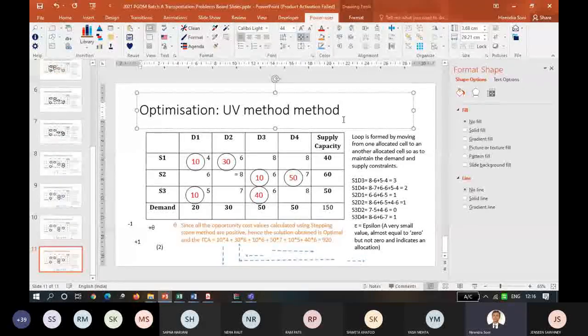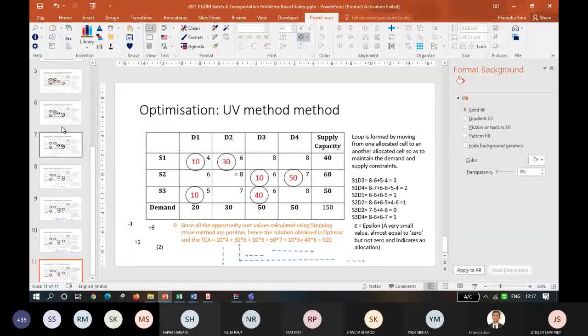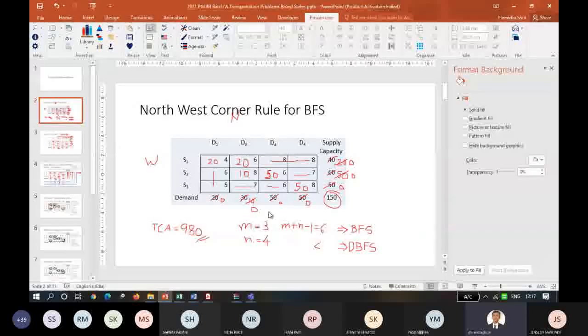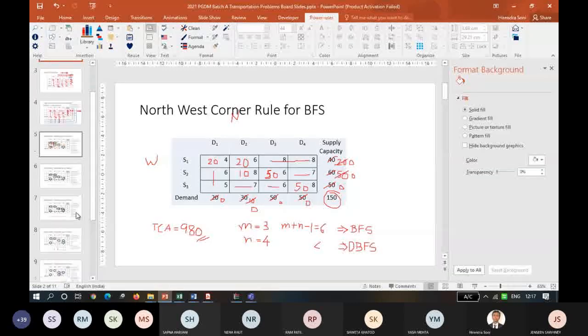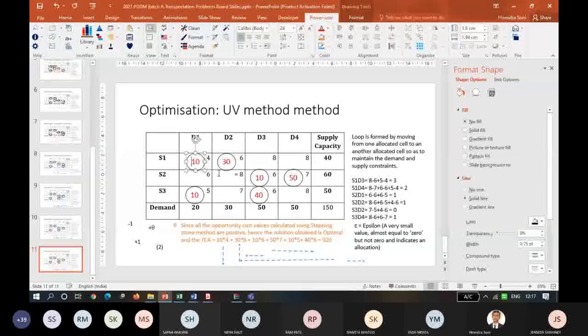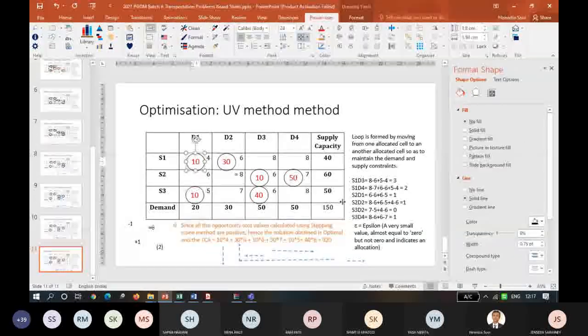ऊपर वाले इसको ही लेकर के करें क्या? Rather than this one, तो हम लोगों को 2 iteration हो जाएगा. At least we will be comfortable. Northwest corner का ही लेकर के करते हैं. Fine. 20 20 10 50 50.